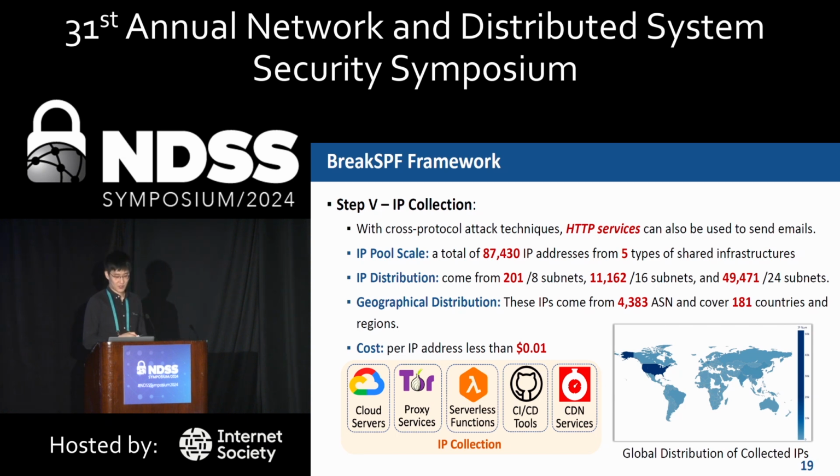The collected IP addresses show excellent geographic distribution characteristics, coming from more than 4,000 AS numbers and covering 181 countries. It's worth noting that the cost of obtaining an IP address is very low. The average cost per IP address is less than 1 cent.